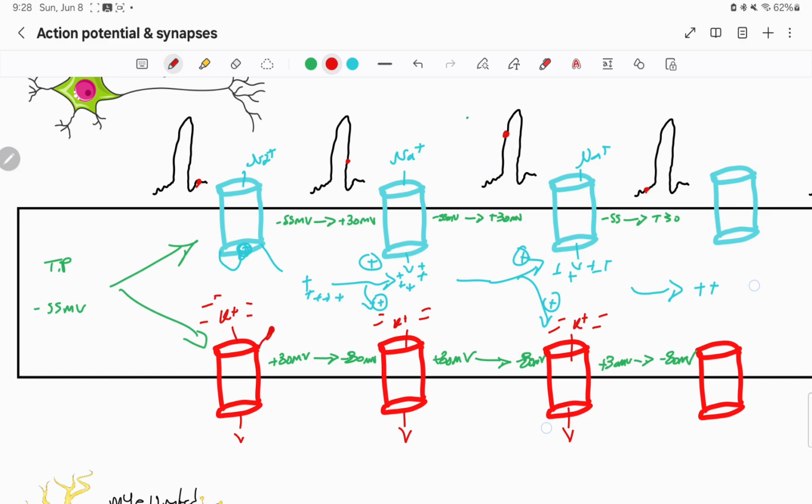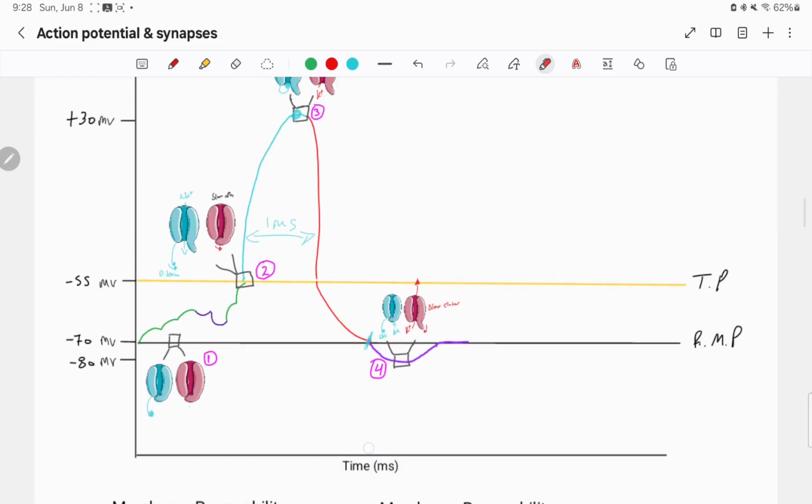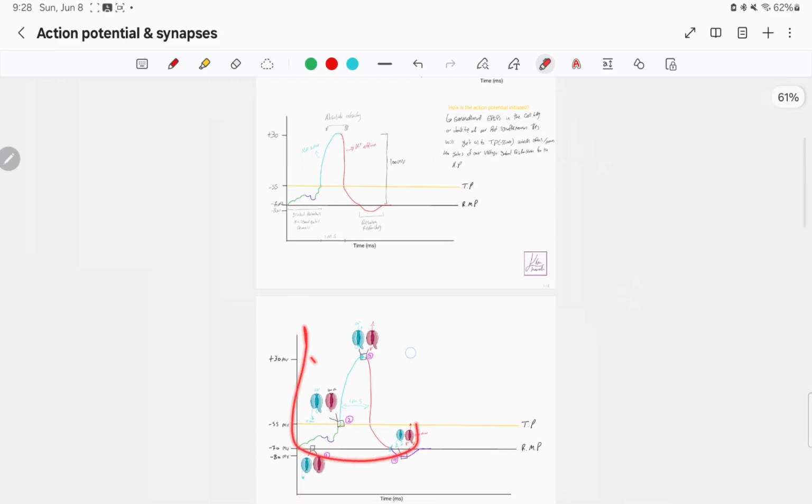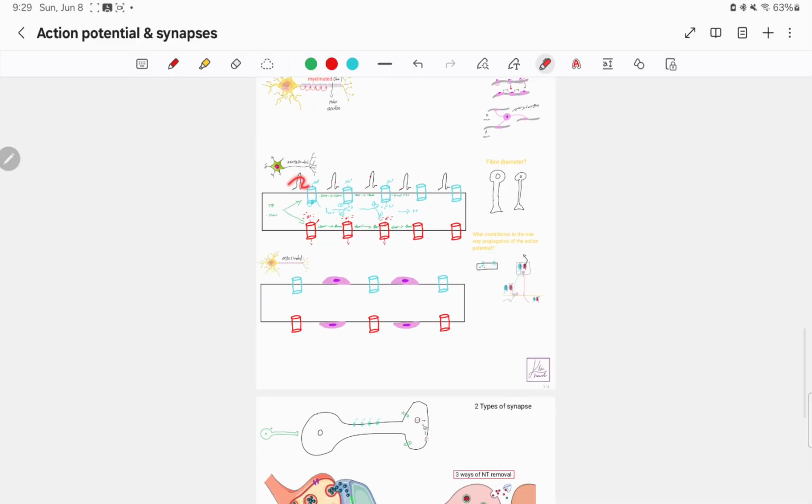The whole point I'm trying to depict to you is that when we describe this singular action potential graph, that's all it is, a singular action potential occurring at a singular region. But multiple of these have to occur within the entire axon. Again, we imagine this was the axon hillock and this was the rest of the axon.